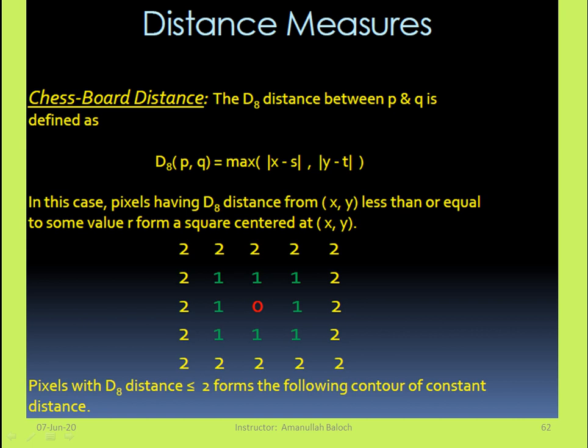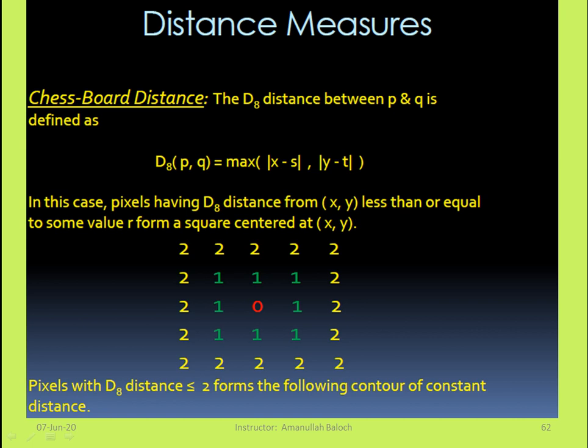So we see here the minus 1 absolute will be 1, and here the value 2, the absolute will be 2. What is the maximum value? 1 comma 2, the maximum is 2. So D8 of P will be considered as 2. So the distance of this pixel is 2 pixels from the origin.